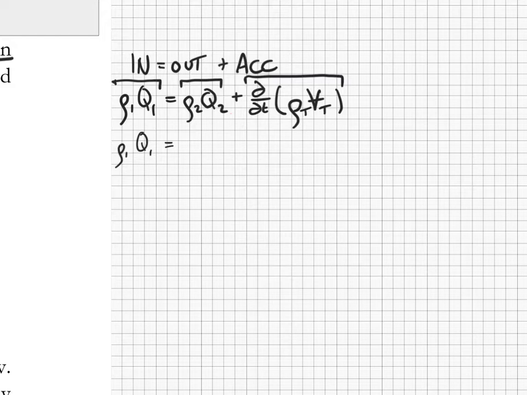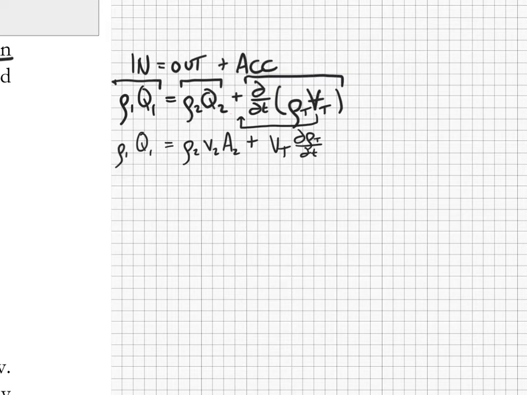Rho 2, we're going to leave as rho 2. And then Q2, we're going to change Q2 into V2A2, because it's given to us as a velocity. And then here, we're going to note that VT isn't changing, so it's going to come out, VT. And then we're left with d rho in the tank, dt.